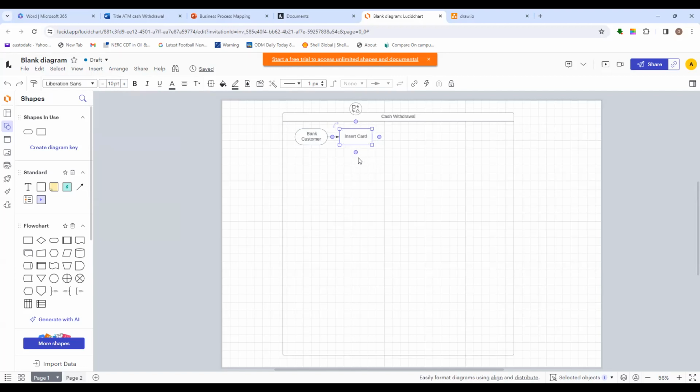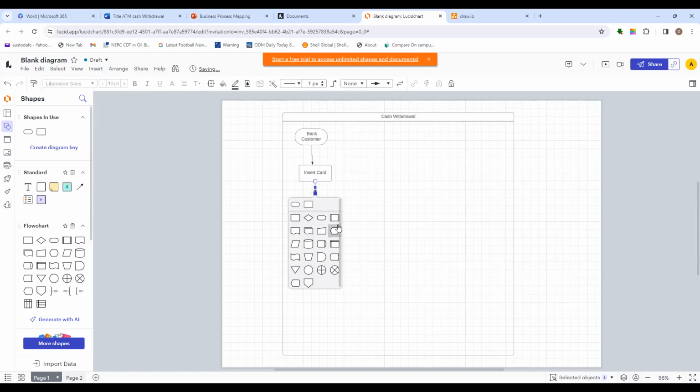ATM prompts insert pin. Okay. Should be another process. ATM does what? ATM prompts insert pin.